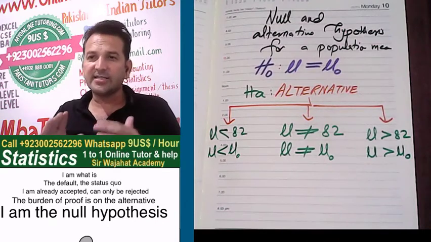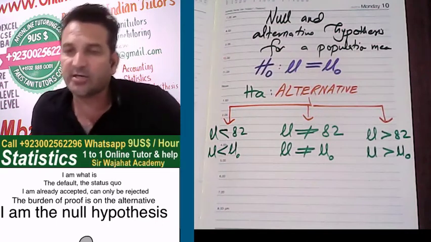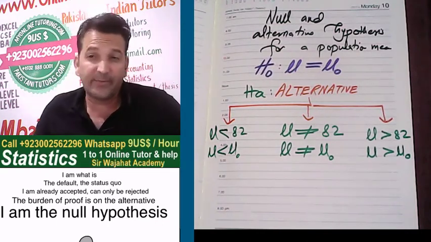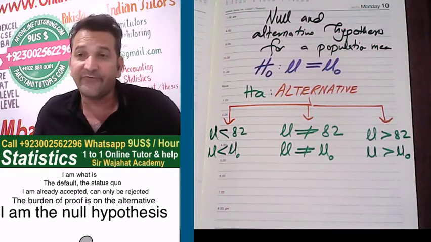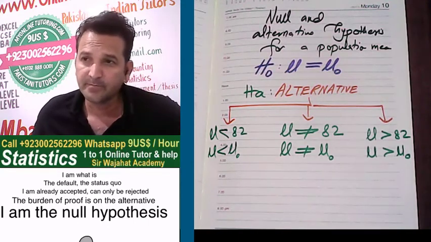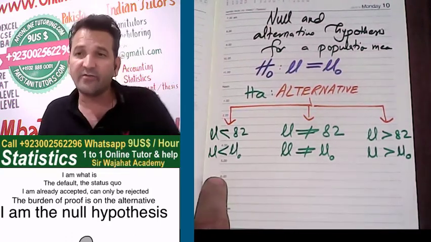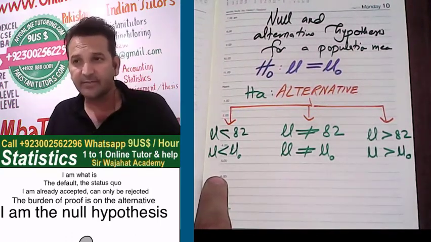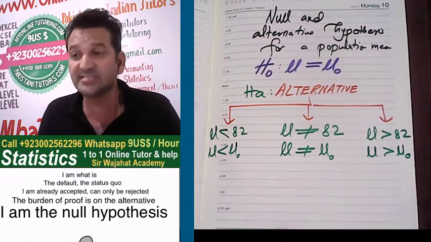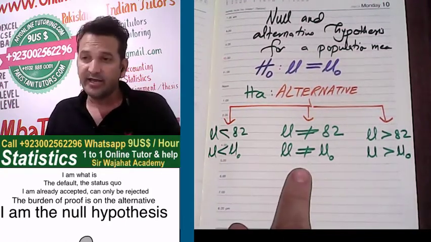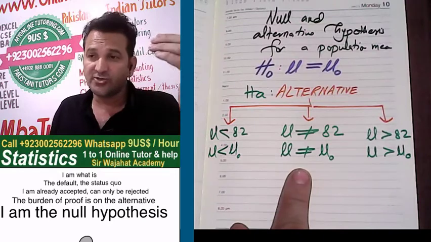So these are the only three options for an alternative hypothesis. We don't have any fourth alternative hypothesis. Either the value will be taken as less than, greater than, or not equal to.